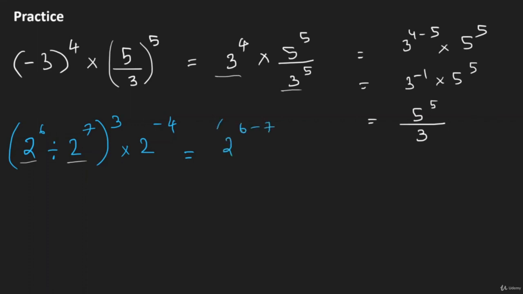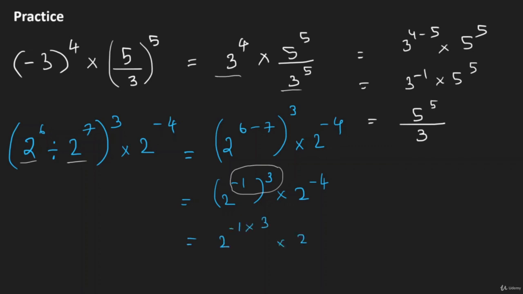So that's 2 to the power 6 minus 7 to the power 3 into 2 to the power minus 4. Alright, now 2 to the power 6 minus 7 is 2 to the power minus 1 to the power 3 into 2 to the power minus 4. This can be simplified as 2 to the power minus 1 into 3 based on the rules that we've learned, and I get this expression over here.